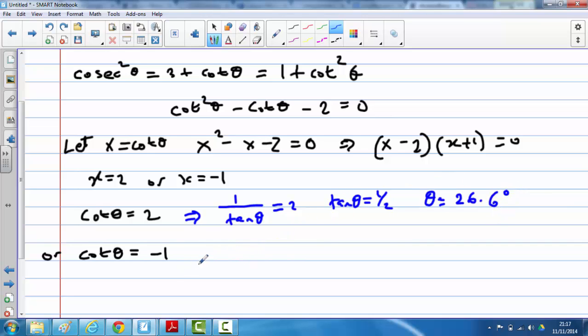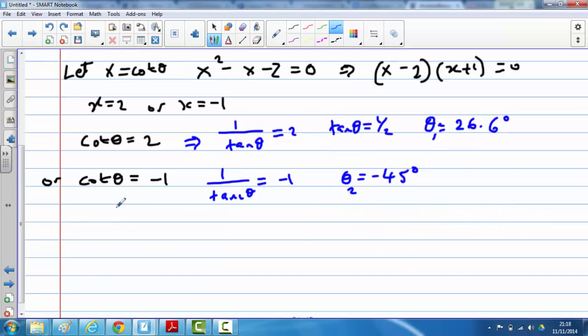Similarly, cot theta equals minus 1, we have 1 over tan theta equals minus 1. And so tan theta equals minus 1, that gives us theta equals minus 45 degrees.